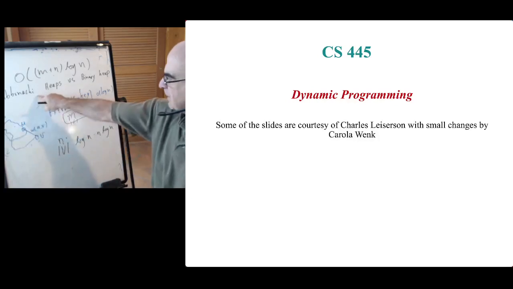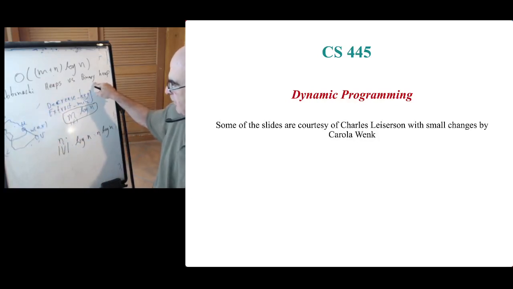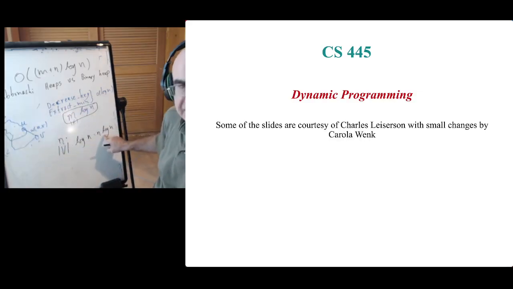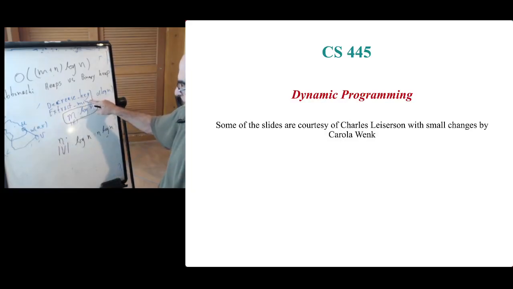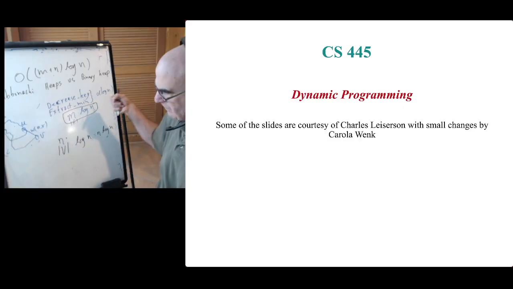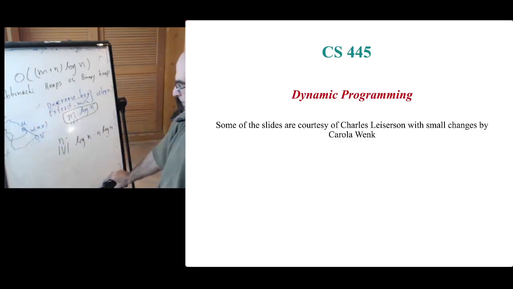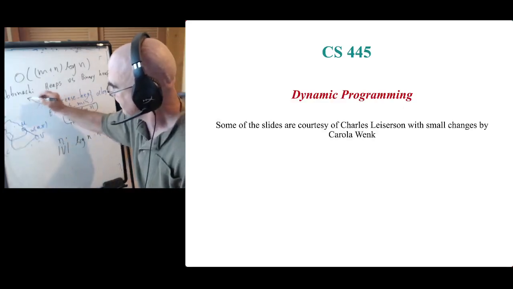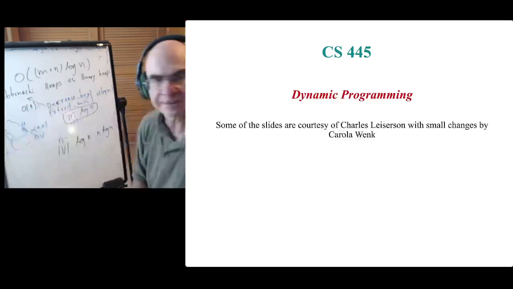What's the difference between Fibonacci heaps and binary heaps? In Fibonacci heaps, extract min still costs log n, so we are spending n log n for the extract min operations, removing a vertex at each moment and adding it to S. However, decrease key doesn't cost log n anymore; in Fibonacci heaps, decrease key only costs constant time.